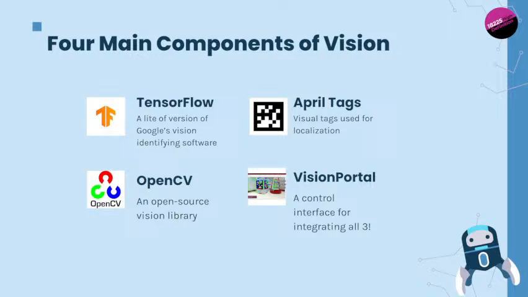What would the robots use vision for? You typically use vision in FTC for navigation, but also when you want to pick up game elements. For example, last year we had the hexagonal pixels, which were the game elements.